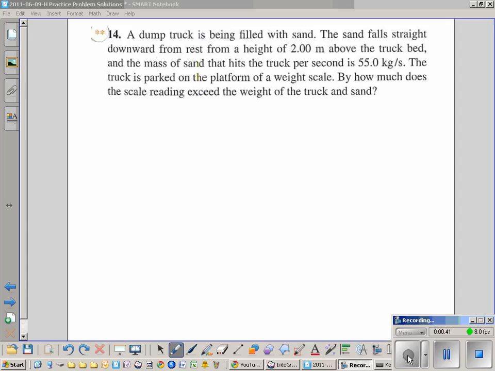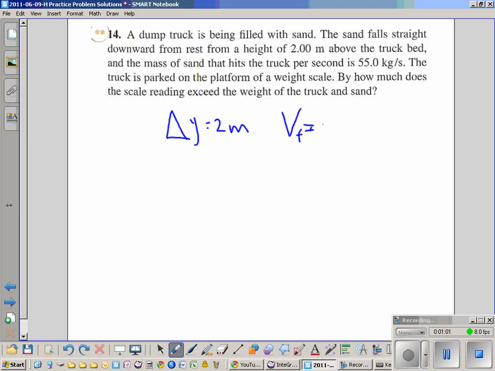Okay, so we have our delta y is 2 meters, and then our final velocity of the sand is 0. And then we have this value of 55 kilograms per second, which will come in handy later.